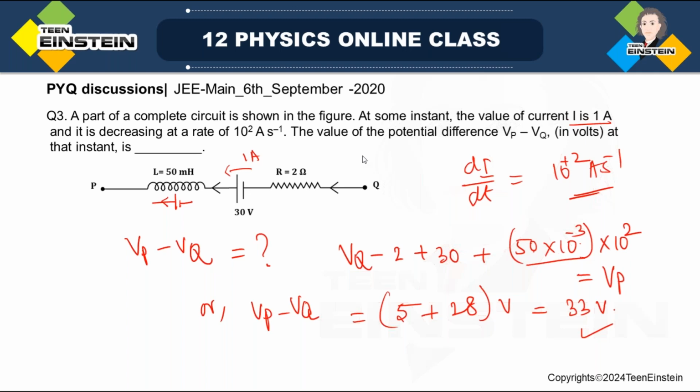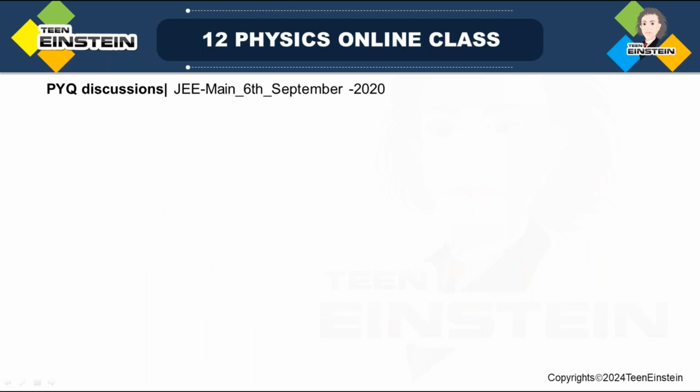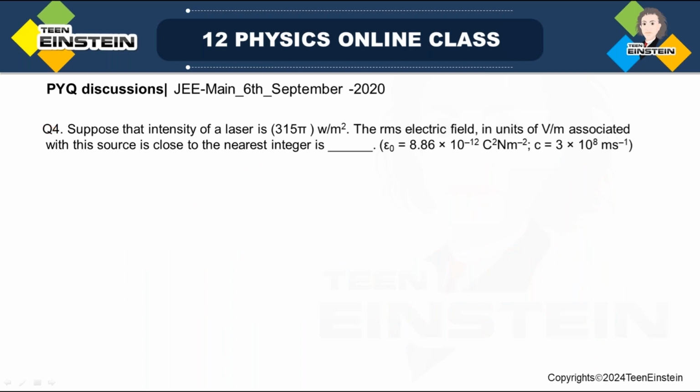This last problem says, suppose the intensity of a laser is 315. I think this is 315 over pi.